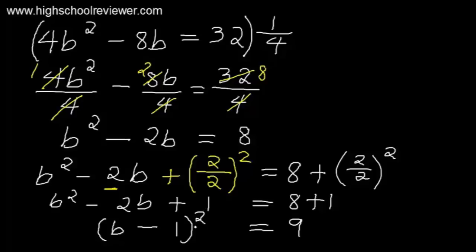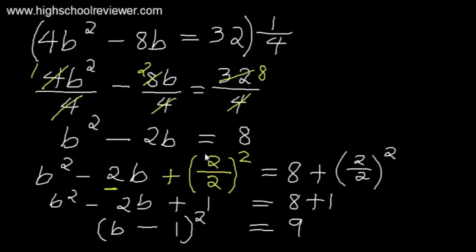Now, to remove this power of 2, we need to get the square root of both sides of the equation. So this will be the square root of b minus 1 raised to the power of 2 equals, okay, let's check, this will be equal to 9.